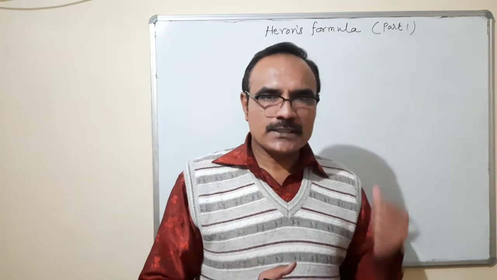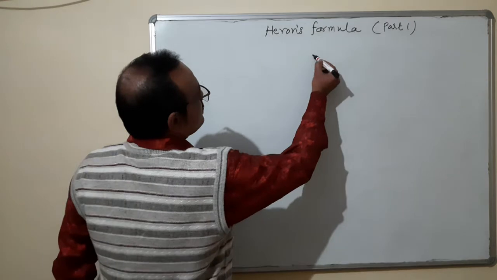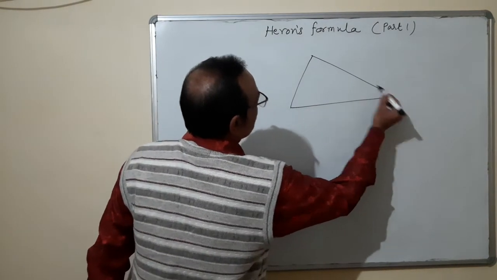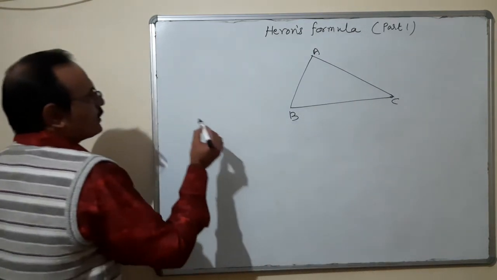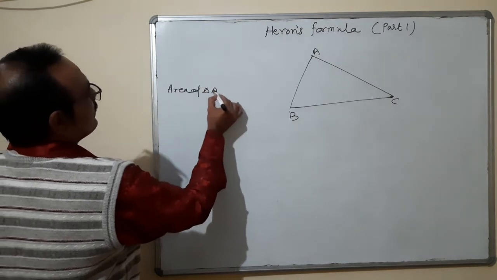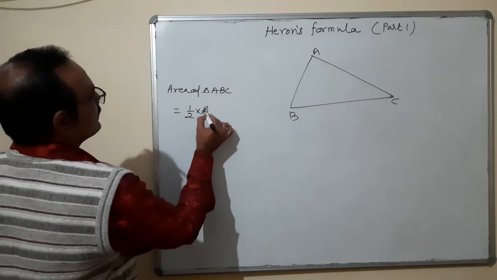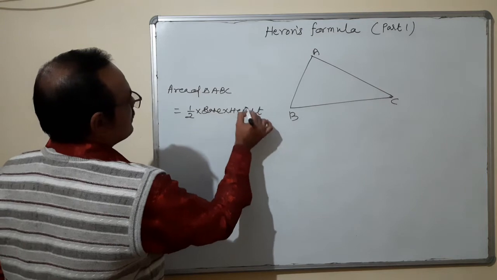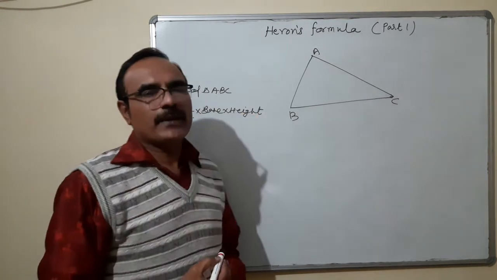Okay, so what is it? Let us see. Suppose ABC is a triangle. One common formula is area of triangle ABC is equal to half into base into height. But in this formula, there are a lot of restrictions, like base and height.